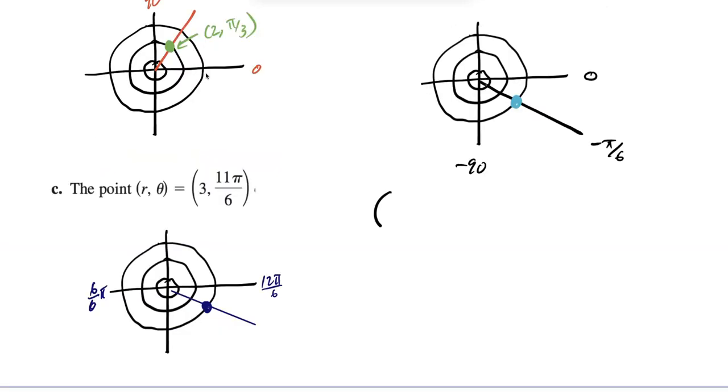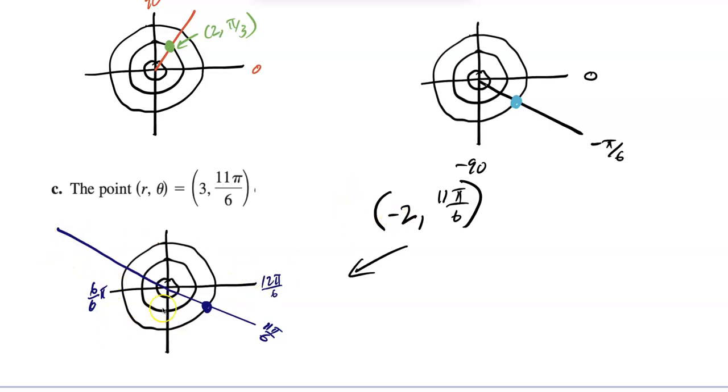Before we move on, we should have another point. We should do the point negative 2 and 11 pi over 6 again. Let's talk about what that does. We'll do it on the same graph. So what happens with the negative 2, a negative radius? We're still on the same pole because it's still 11 pi over 6. Let's continue the line the whole way.